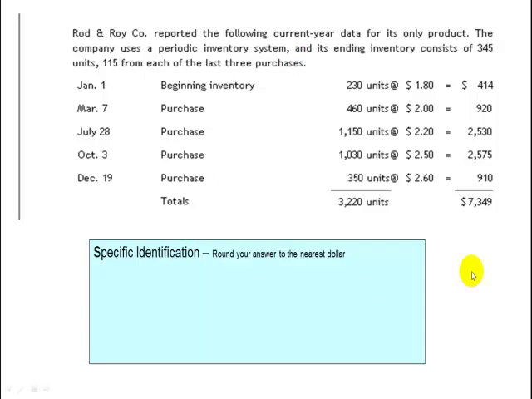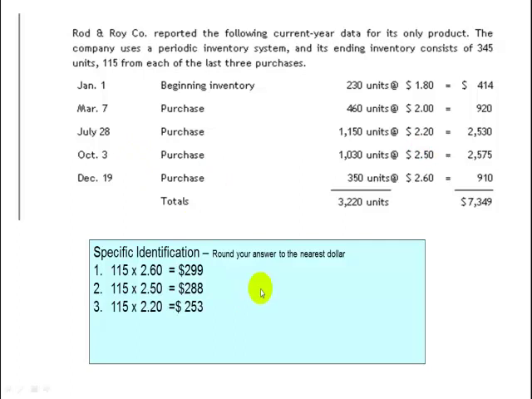We've got 115 from the last three purchases, so we'll have 115 that were priced at $260, the last purchase on December the 19th, plus 115 from this purchase, which was $250 a piece on October the 3rd, and then finally 115 from this purchase, which were at $2.20 a piece.